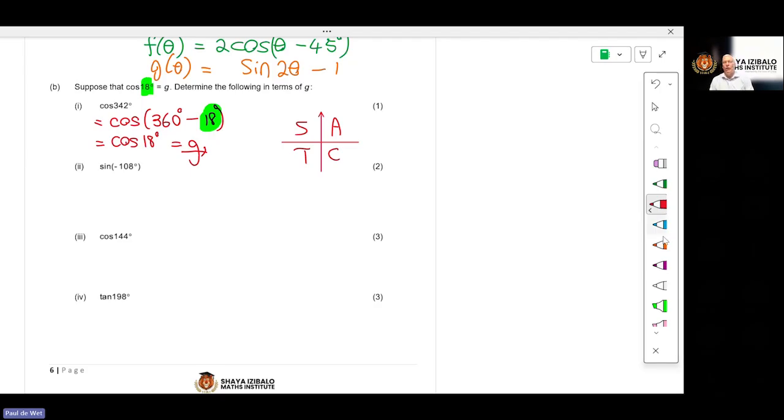Sine of minus 108. You can tell us. Yeah, we got some hands up. Sine of minus 108. I'm just not sure how to explain that.